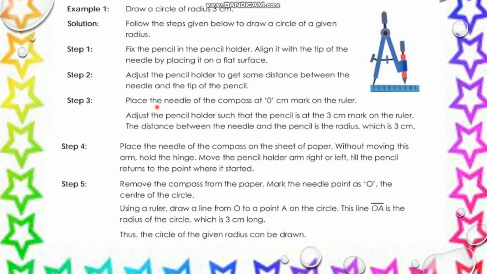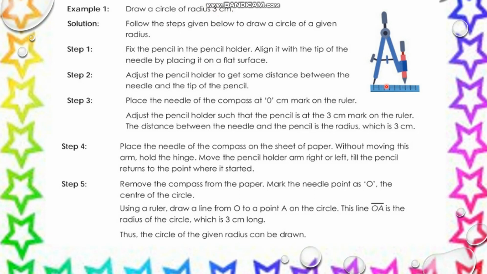And after that, place the needle of the compass at 0 centimeter on the ruler. Now here we are using the ruler too. Ruler means scale. So on the ruler, you can place the needle tip on the 0. And after that you stretch the other arm of the compass to which number? 3, because we need a 3 centimeter radius circle, isn't it?